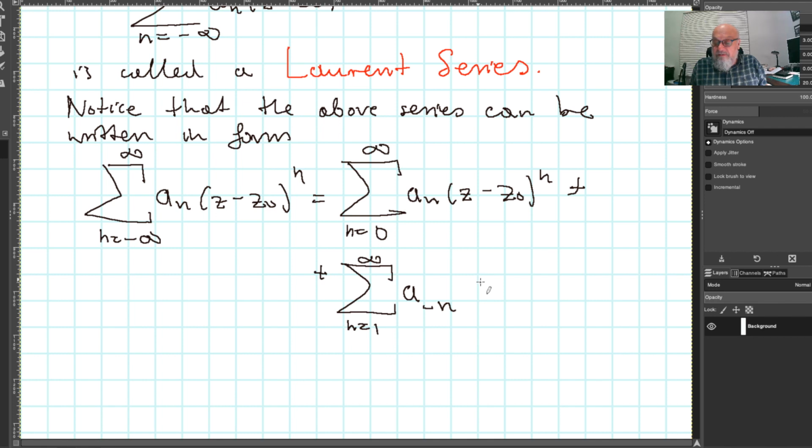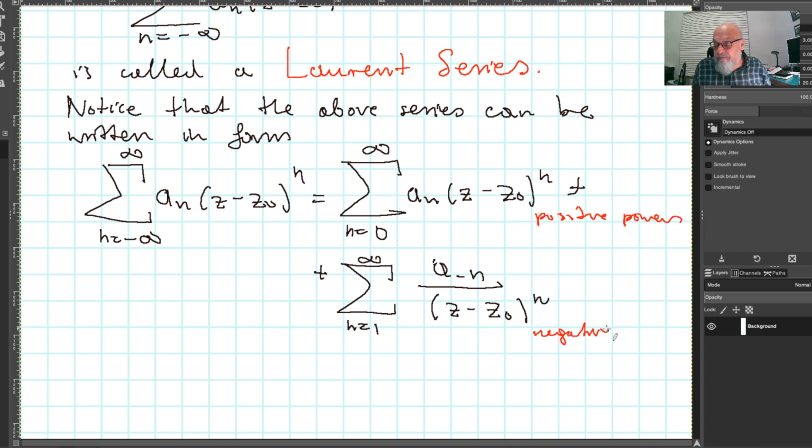So here we have a_minus_n, divided by (z minus z0) to the power n. Here are the positive powers, and this is the negative powers. Since these two are very similar to regular series, we know when they will converge.